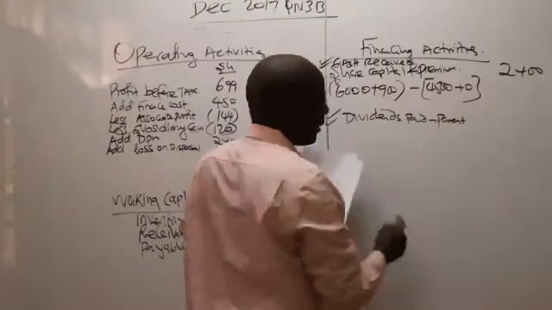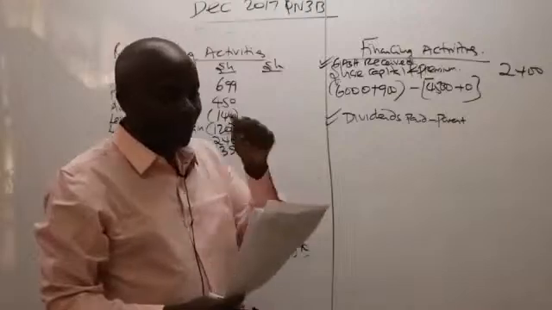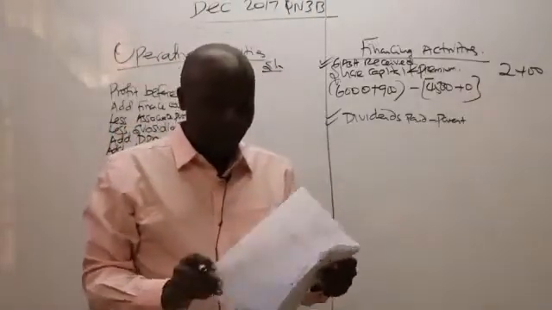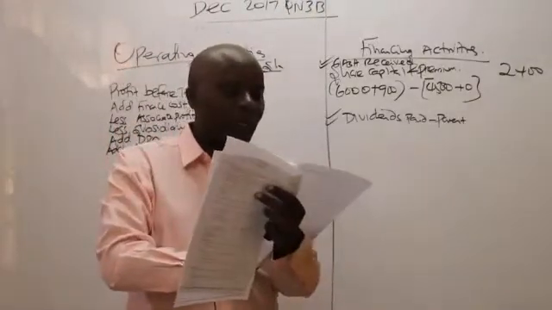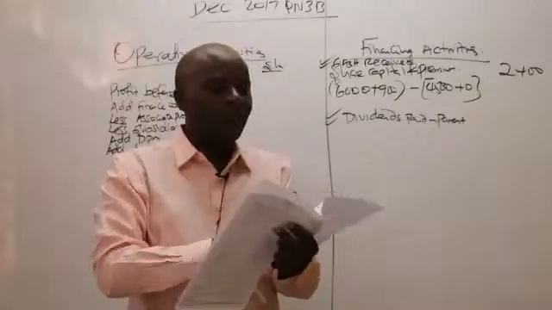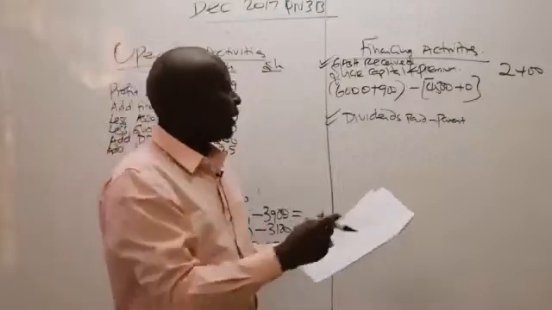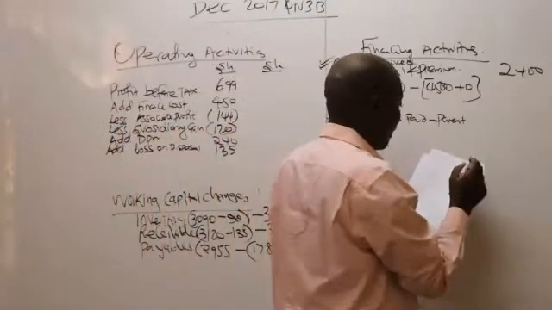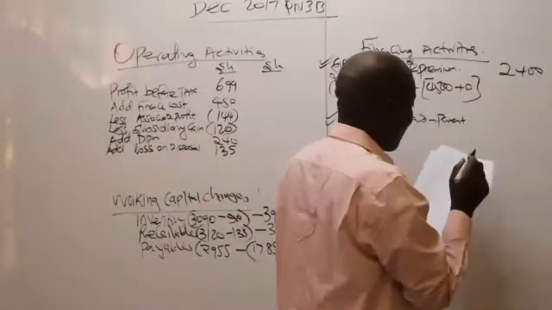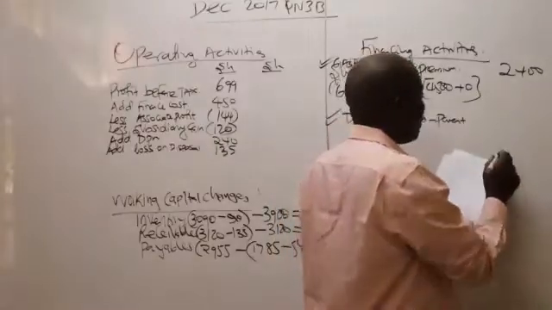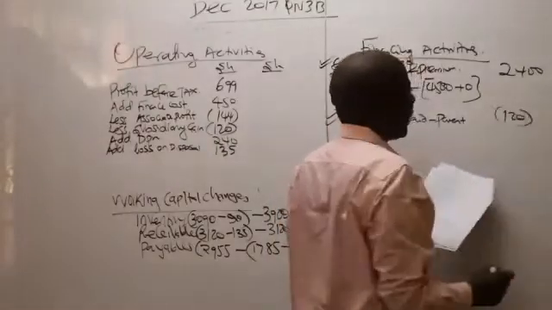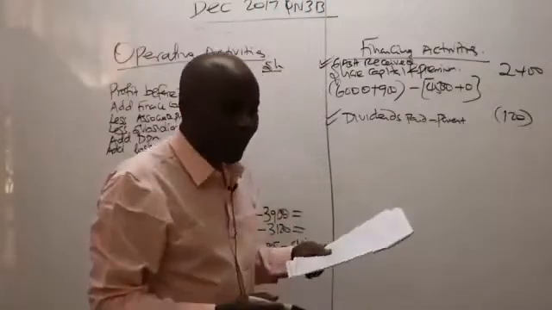How much did it pay? The dividends that we paid to the parent shareholders. Which note number is it? Note number 5. It says dividends paid by the holding company during the year. So our holding company paid 120, in brackets.